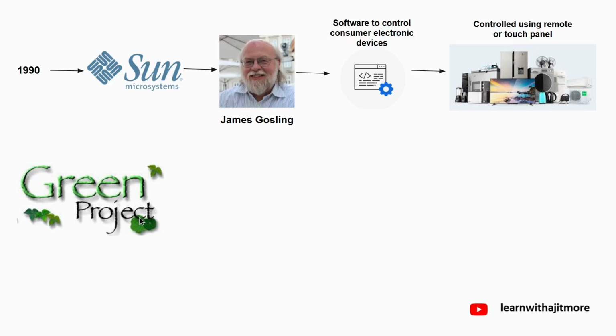Now there is a history behind that also, why he gave the name Green Project. I won't go into too much detail, because when we will be learning Java, your main intention is learning Java. So you can explore. I hope you will do that if you are really curious.